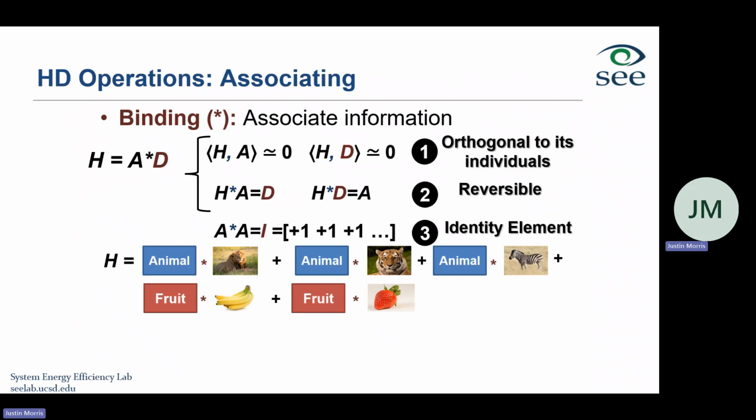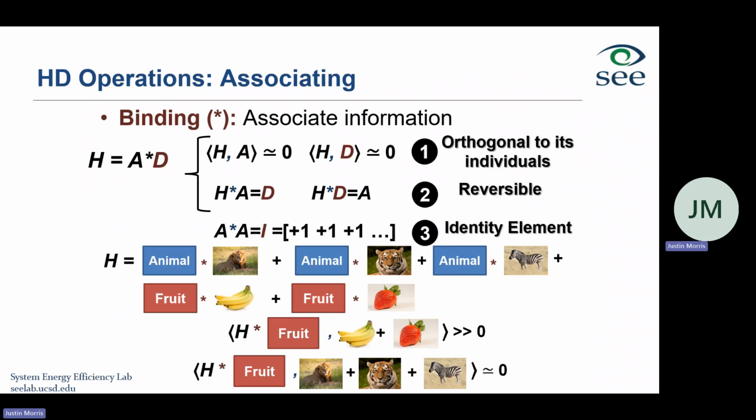And with association, we can do something like this. We have our animal hypervectors from before, and now we're creating a new hypervector that represents the animal category. We're going to associate all of the animal hypervectors with the animal category and all the fruits with the fruit category, and again, bundle it all up into H. Then we can do something like this.